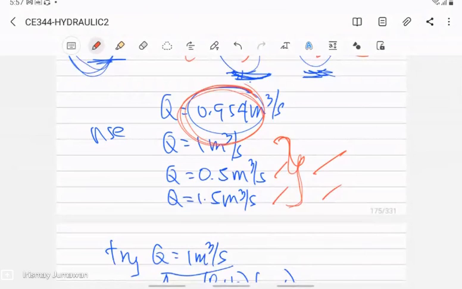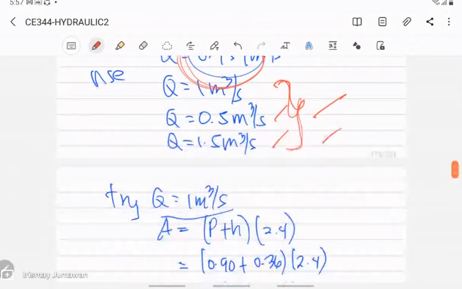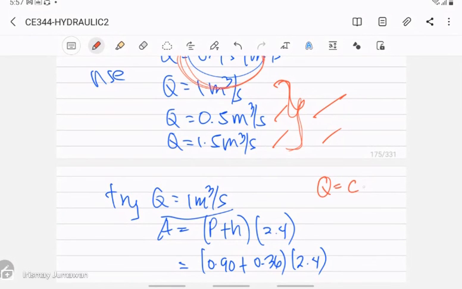It is the same when getting the Q. If you do the trial and error for the Q, then your Q is using the Chezy equation. In the Chezy equation, you have area, and Chezy is C square root of RS.